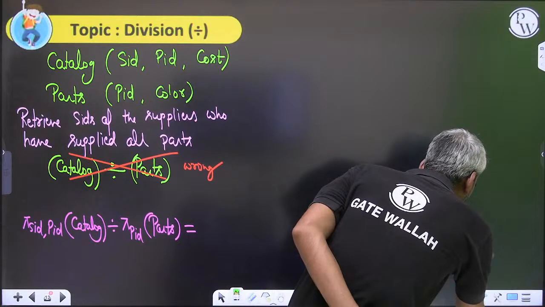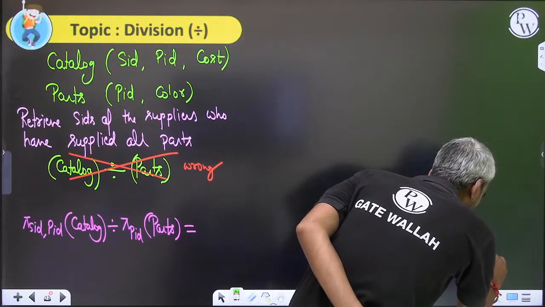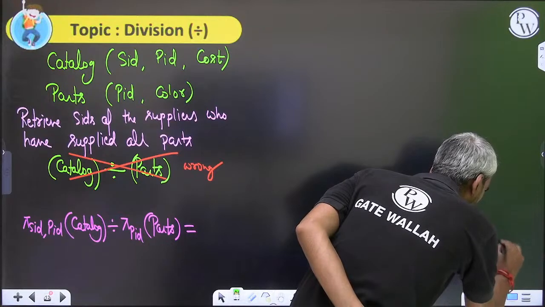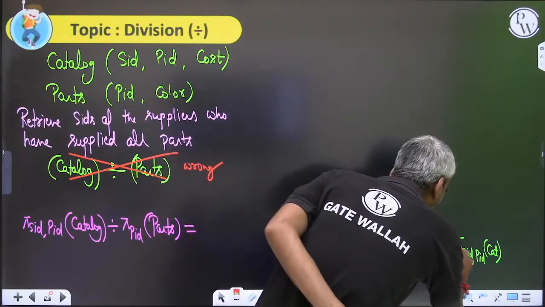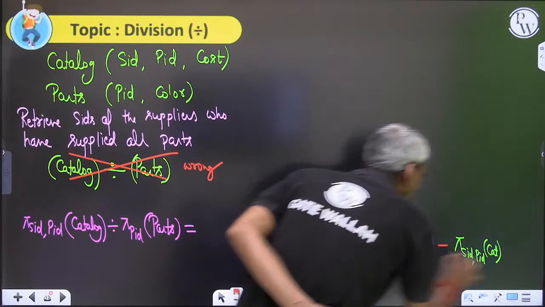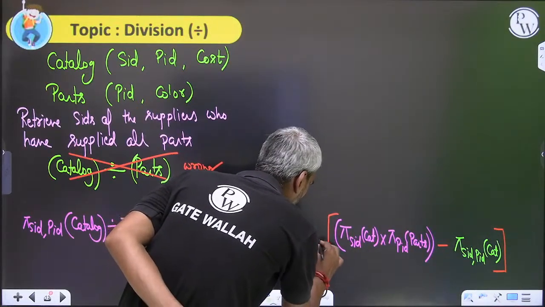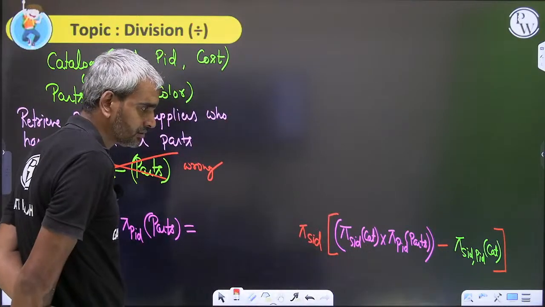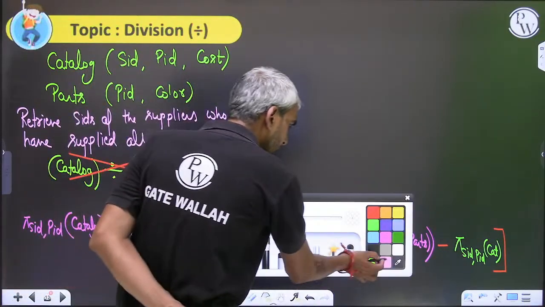Then you will project SID and PID from catalog. Then you will subtract these two. And from that subtraction, you will project SID so that you will get the SIDs of all the suppliers who did not supply all the parts.